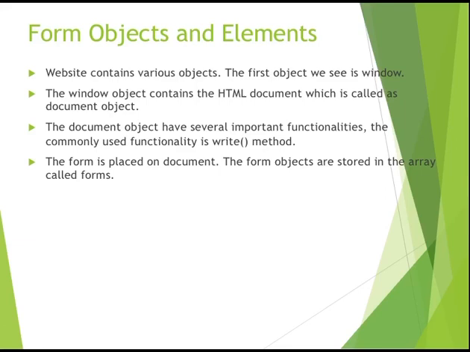With the help of the index we can refer to the form, or a form can also be referred to with the help of its name. For example, if a form has the name form1, we can refer to this form as document.forms.form1. That is, we are referring to the form by its name. So there are two ways of referring to a form, either by its index or by its name.